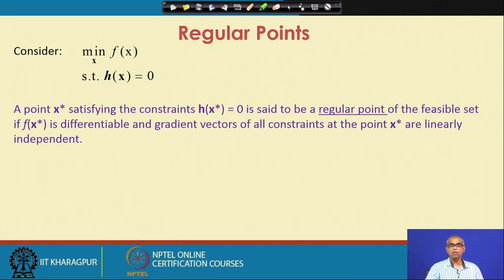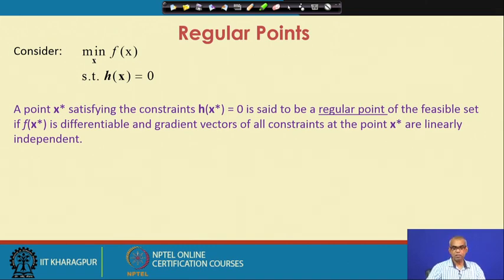So, first a regular point is a feasible point, and at a regular point the gradient vectors of all constraints are linearly independent.